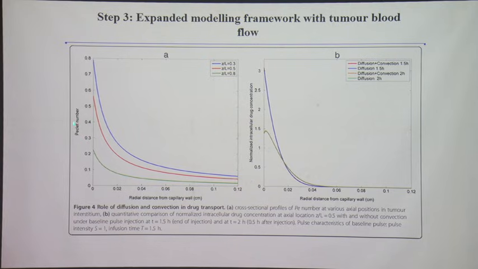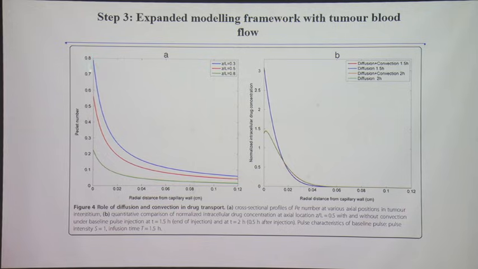So I mentioned that an important dimensionless parameter is the Peclet number. In this case, using the model, we can also determine the Peclet number, and that gives you some flavor about the mass transfer mechanisms. You can see that the Peclet number close to the capillary wall is 0.8, close to 1.